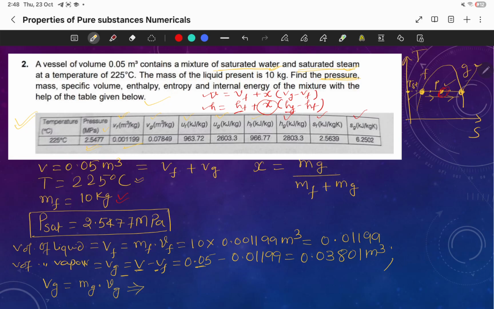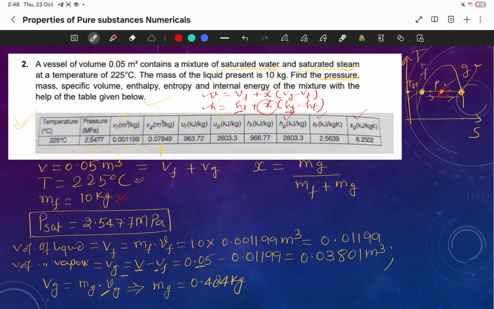Do the calculation; Vg is given here. From here we can calculate mg, right? From here we will get mg as 0.484 kg.